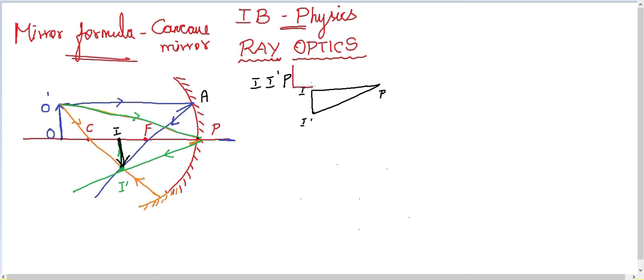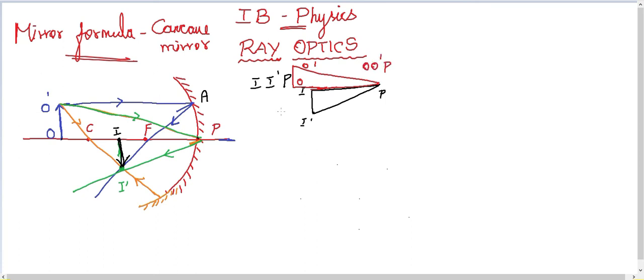It shares the same base with the triangle. So this is O dash, and this is P. Here we have chosen two right angle triangles which are sharing their base with one another. So this is O dash P.